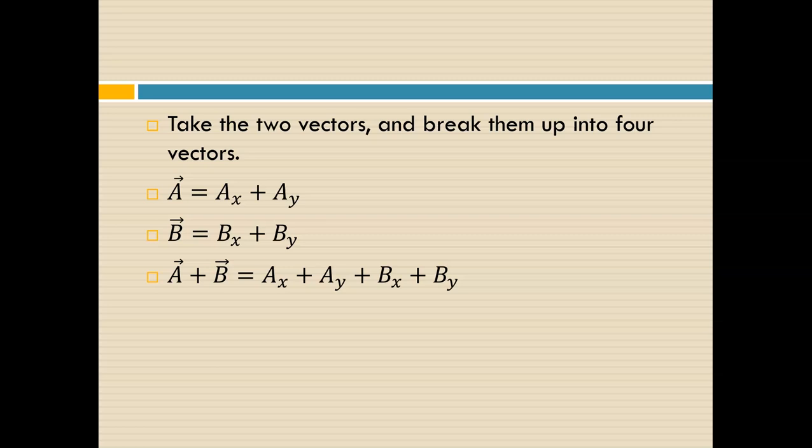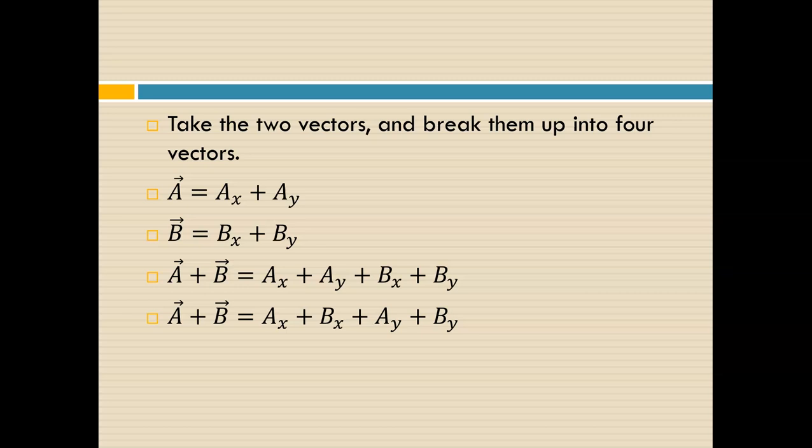We know that the X vectors are going to be pointing to the left or right, and the Y vectors are going to be pointing up and down. So far, so good? Okay. Then let's just go ahead and reorder it. If I reorder this, then I get AX plus BX, and then I make my turn to do AY and BY.